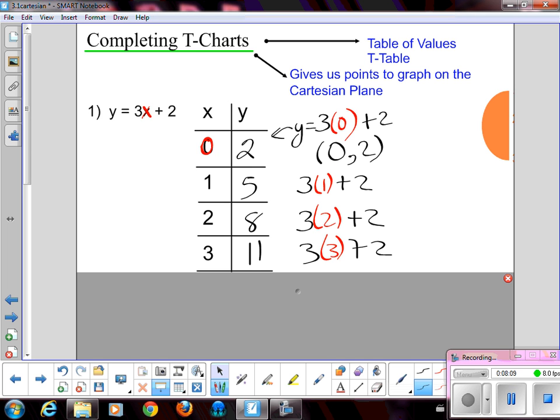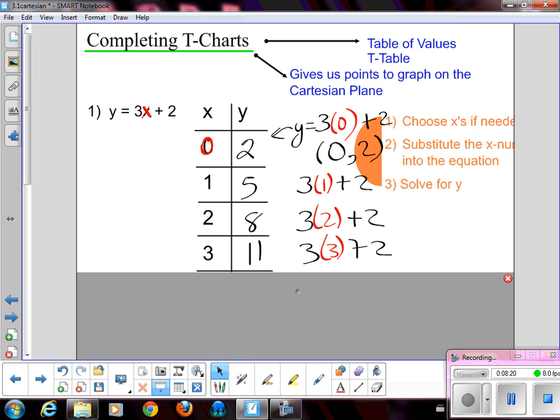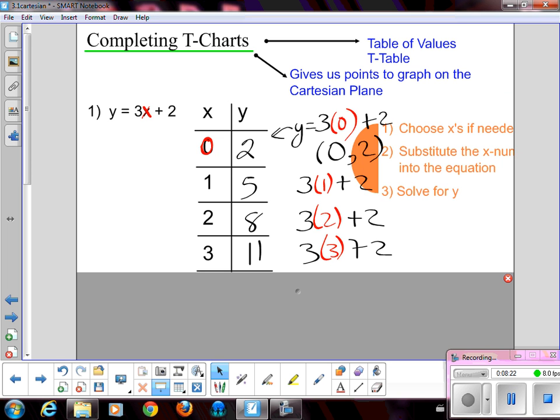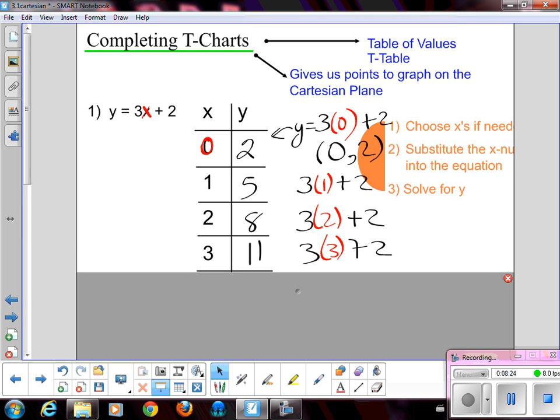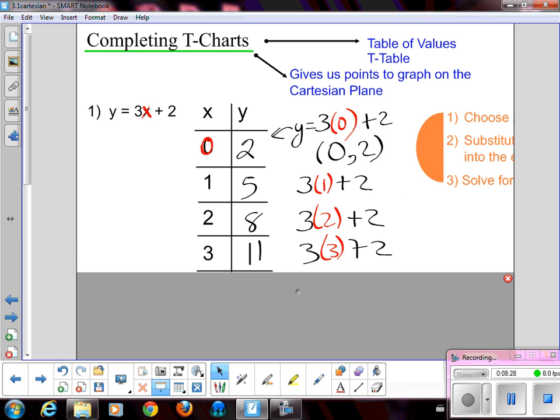So what I've gained here is I've created a table of values, a T-table, a T-chart, and it has given me a set of ordered pairs. So I have an X, I figured out the Y, and now I could go and graph those points, which we will do eventually.